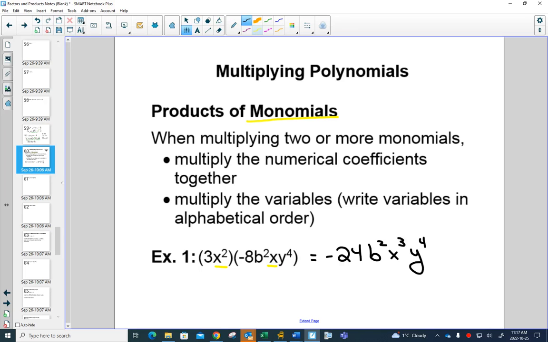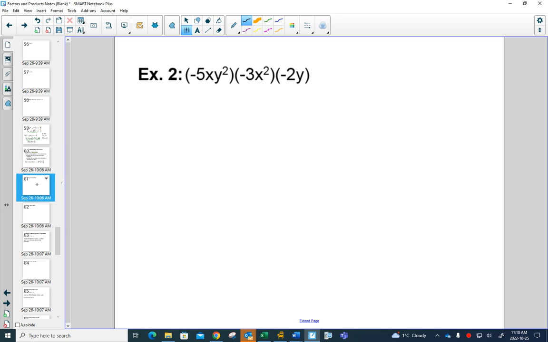Could have been 8 times 3. What else could I multiply to get 24? 2 times 12, 6 times 4. Now there's more options, right? And that's what makes factoring a little bit more difficult, because you have to consider all the options. But multiplying is really straightforward, because there's only going to be one option.